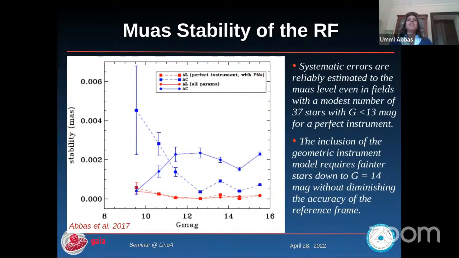And we see that if we include the geometric instrument model, where we have a lot more unknowns to estimate as well, we require a larger number of fainter stars. And so we have to even go down to 14th magnitude. But this doesn't diminish the accuracy of the reference frame, as we can see in this plot.